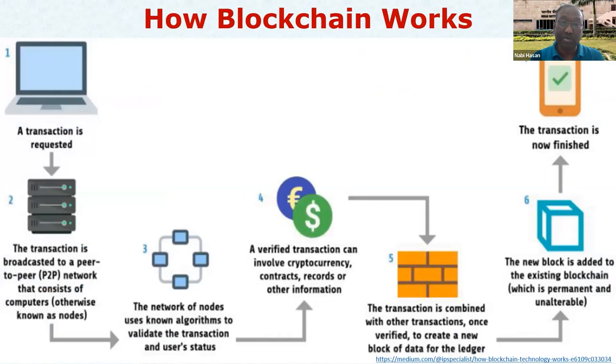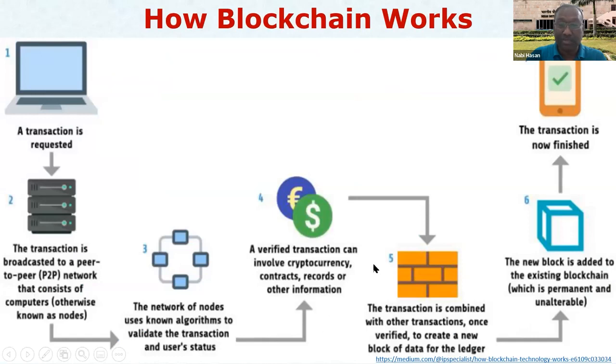This is how blockchain technology works. A transaction is requested first. The transaction is broadcast to a peer-to-peer, or P2P, network that consists of computers, otherwise known as nodes. The network of nodes uses known algorithms to validate the transaction and the user's status.